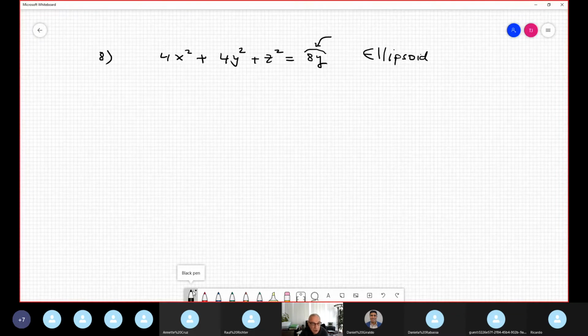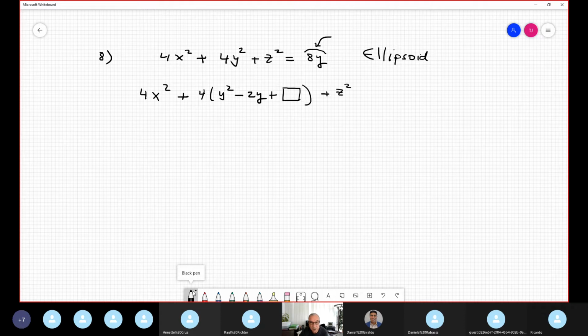When you see a combination of quadratic and linear, suppose the 8y, I move 8y to the left. By the way, I factor out 4. So we have y squared minus 2y. When you move 8y to the left, it's negative 8y. When you factor out 4 inside the y part, now, in order to complete the square, I put a box here.